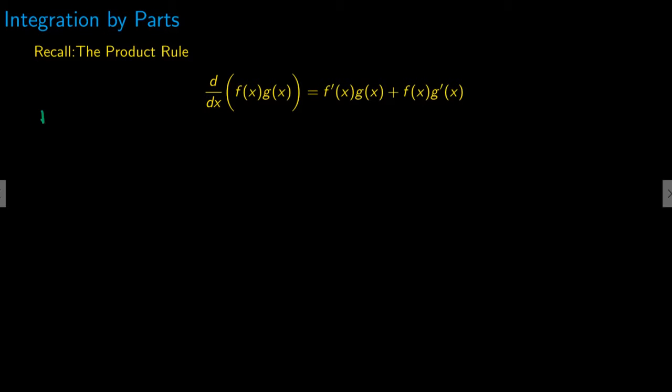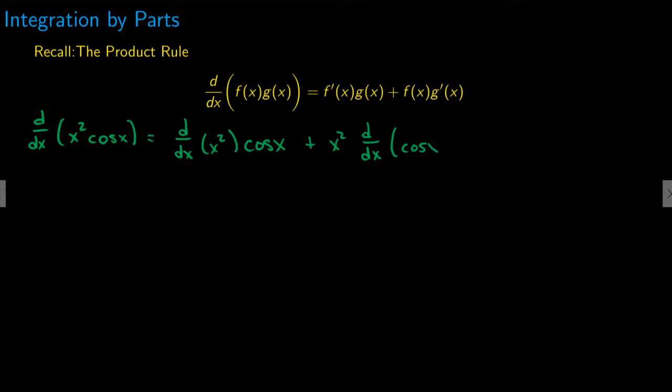So for example, if I want to calculate the derivative d by dx of the function x squared times cosine x, then it's going to look like d by dx of x squared times cosine x plus x squared times d by dx of cosine x.